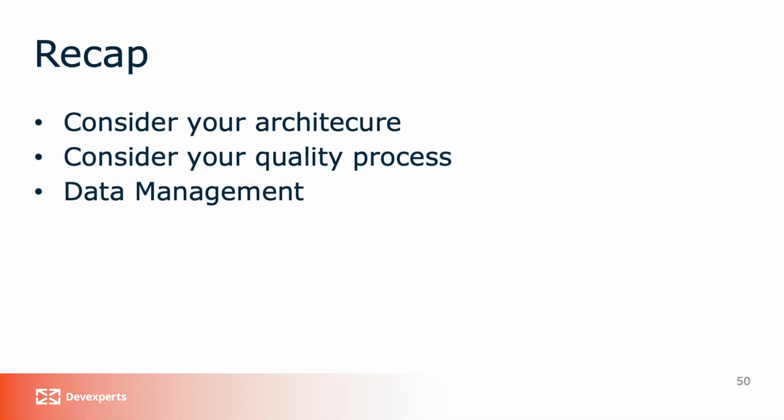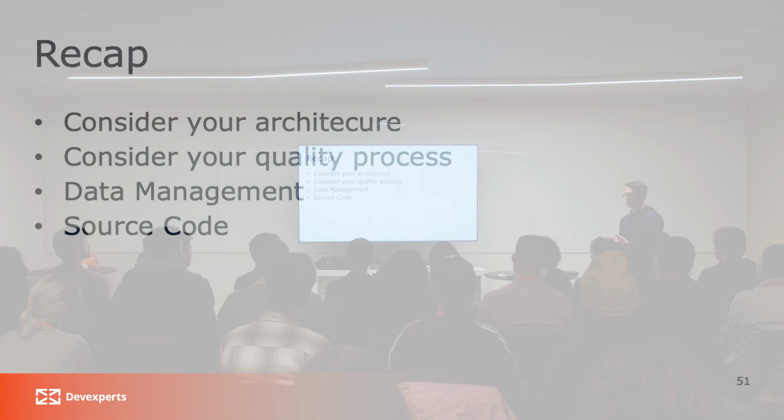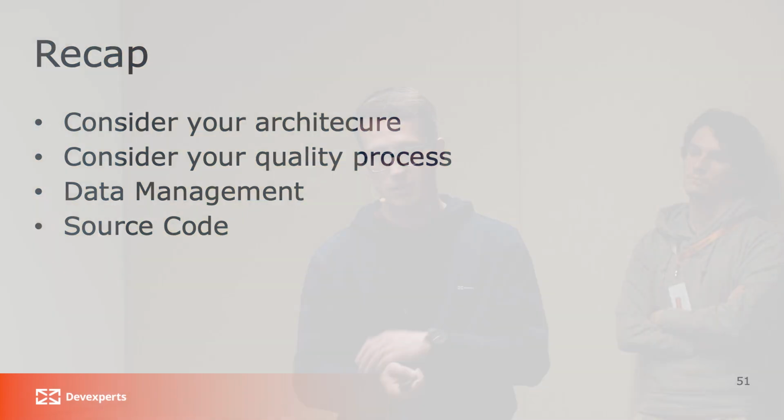Data management: if you can control your data, or if you have a good strategy for your data, probably you will have reliable results as well. And source code, how important it is to take care of your source code and make sure it's reliable as well, following clean code policies, best practices, and so on.